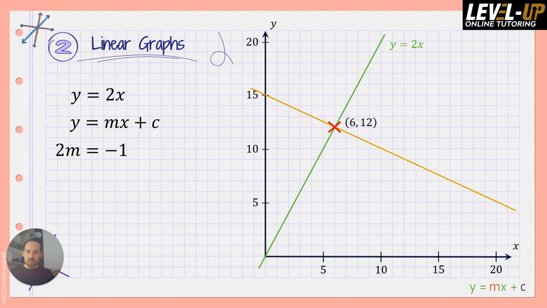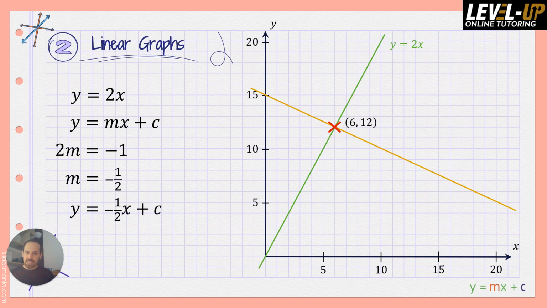You wouldn't be expected to prove it. So you see here, the gradient of the green line is 2, and the gradient of this new line is this unknown m. We know 2 times m is going to be -1. That's the key result that we need to be aware of. Perpendicular gradients multiply to produce -1. So we can use that, and that gives us the gradient because we can just solve for m.